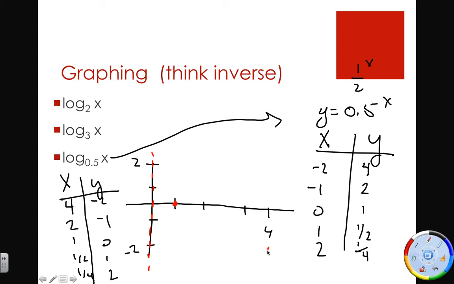Notice here how this is different than before. 4, -2, 2, -1. And here's where we go to half and whatever. So you notice instead of growing over time, it actually shrinks over time. It actually goes negative in this case. But you'll notice the domain is still the same thing. All numbers bigger than 0. And the range is still all real numbers because this infinitely goes up and this infinitely goes down.